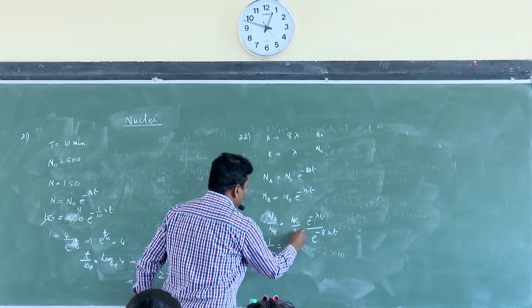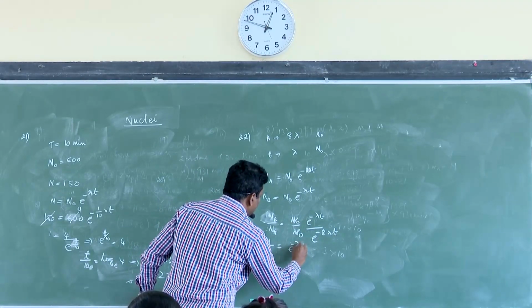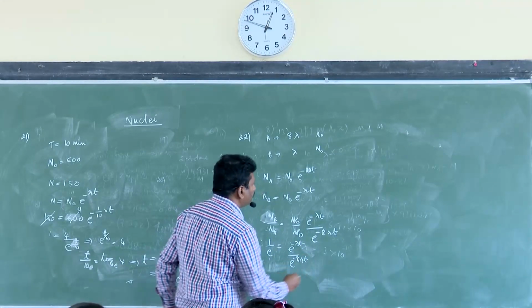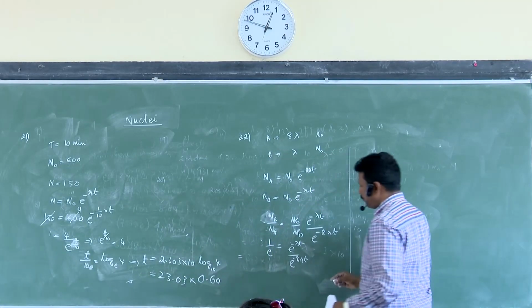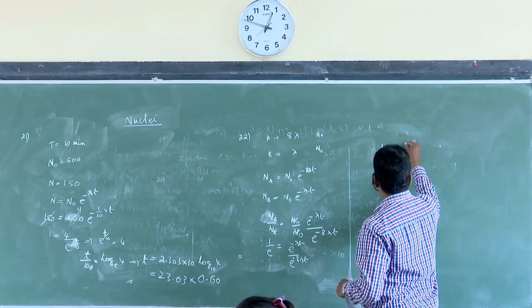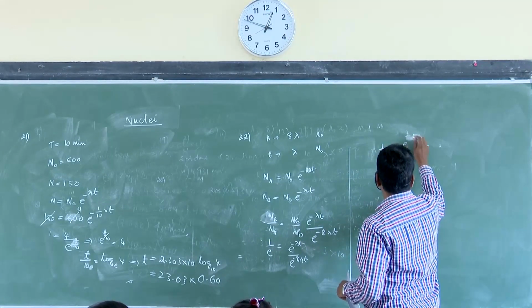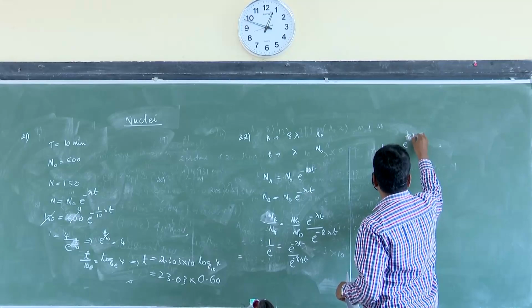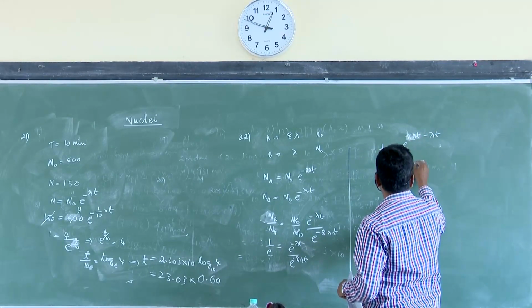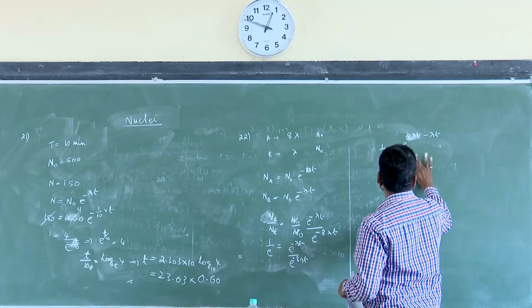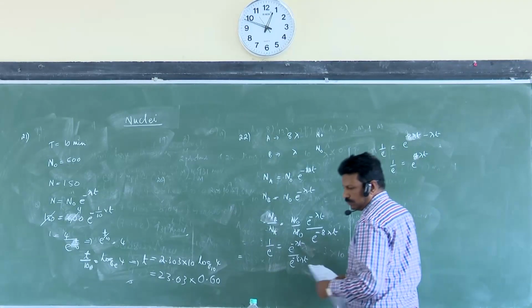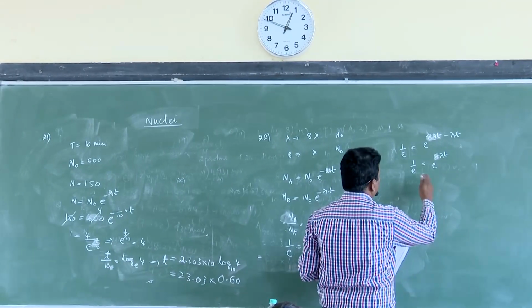Correct? 1 by e. Now e to the power of minus lambda T, e to the power of minus 8 lambda T, equal to 1 by e, power is same.